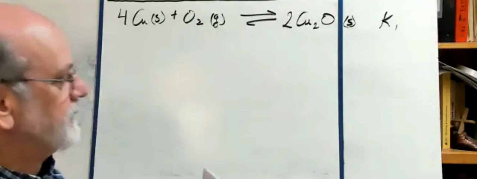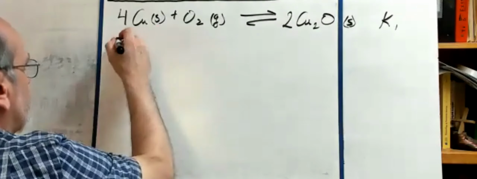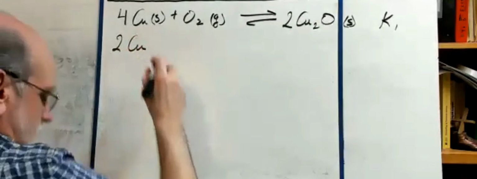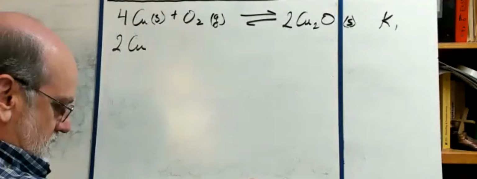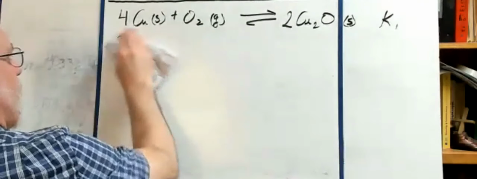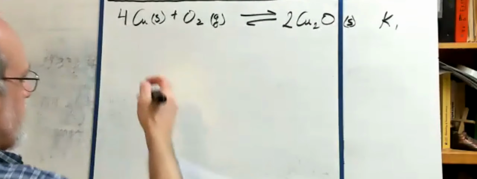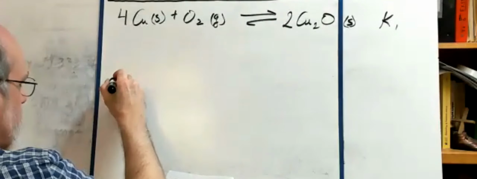Okay, so let's go to the second equation, this one. Let me give myself some room, because we might have to modify that equation before we can add them together. So let's put this one down here.